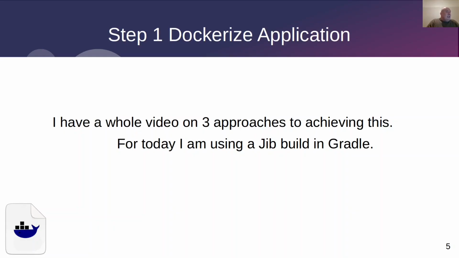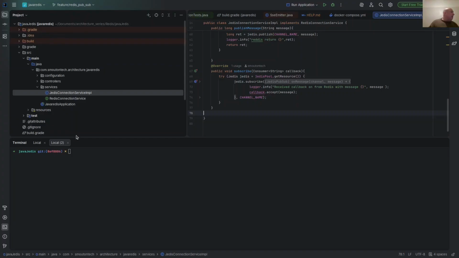And in this case, I'm going to use the code that I created for that, and use the third approach, which is to use the Gradle Jib plugin, which is a convenient way for making an efficient Docker image from a Spring Boot project. So let's take a look at the configuration here.